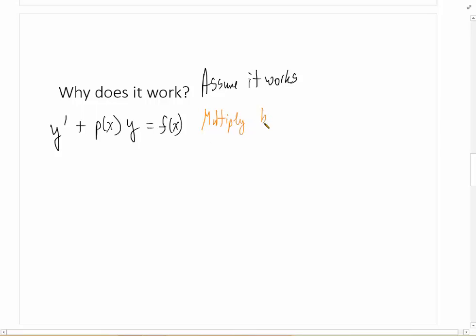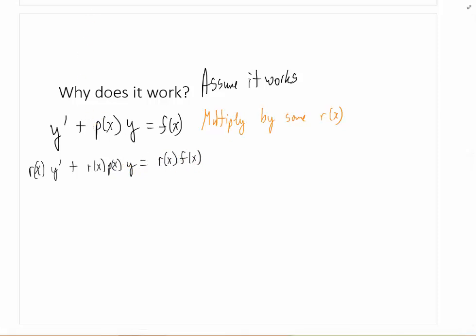Multiply by some r of x. So then I'll have r of x y prime plus r of x p of x y is equal to r of x f of x.